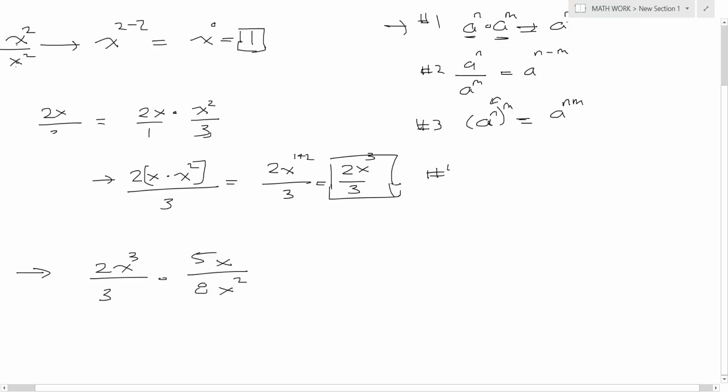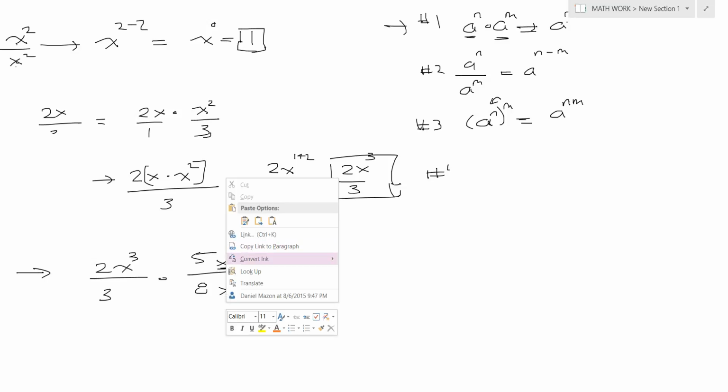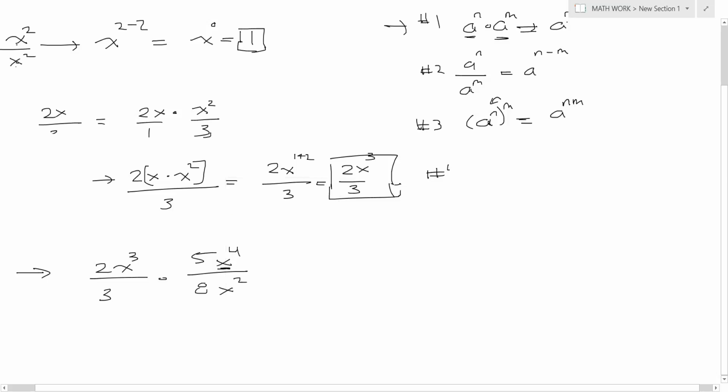Immediately you can see that we're dividing here, so let's make this the fourth. We can immediately say, same base, different exponents, subtract the exponents, and we can bypass the step of having to write it down, or I'll do that for you guys.